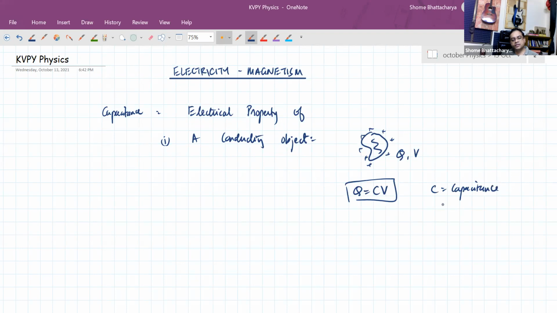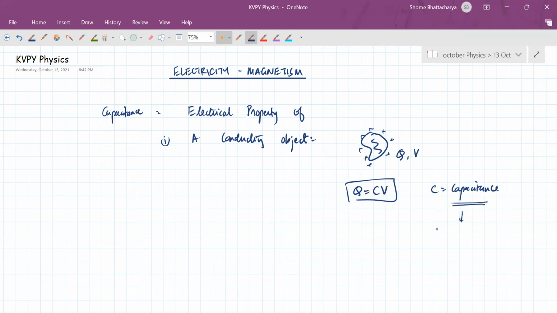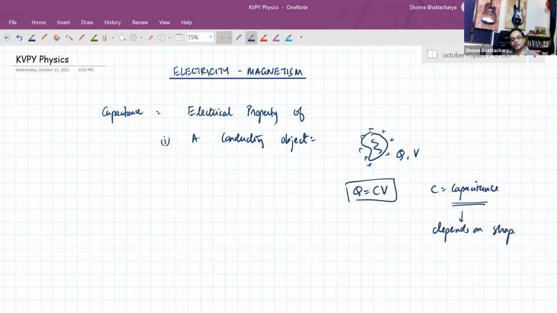And we had seen that the value of the capacitance depends on the shape and size of the body. But of course, it has to be made of conducting material.